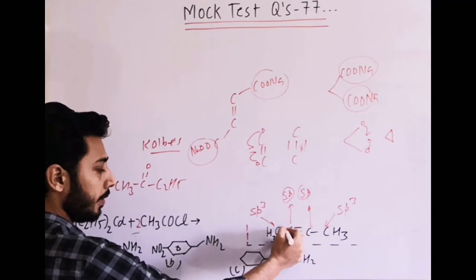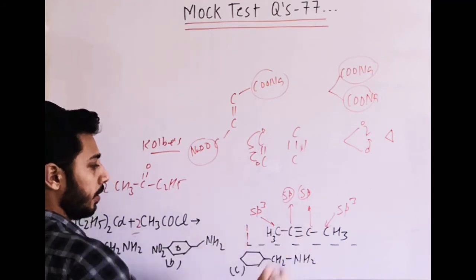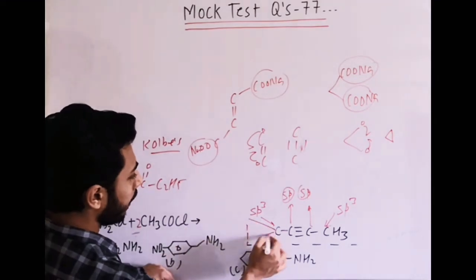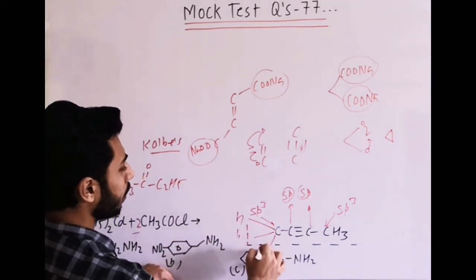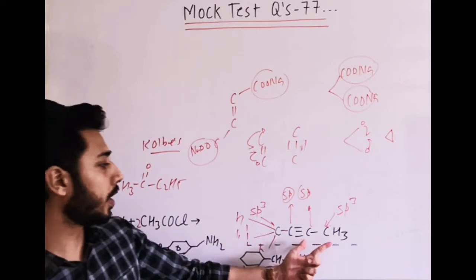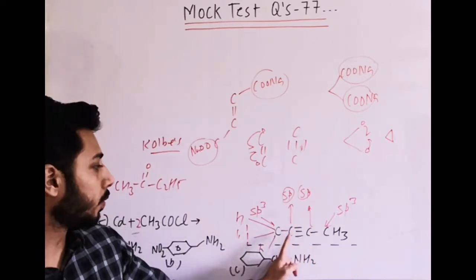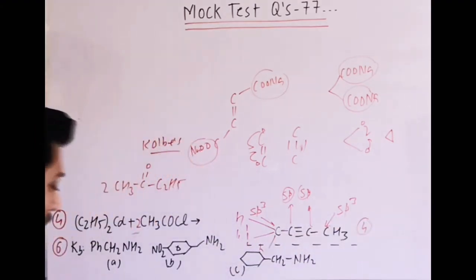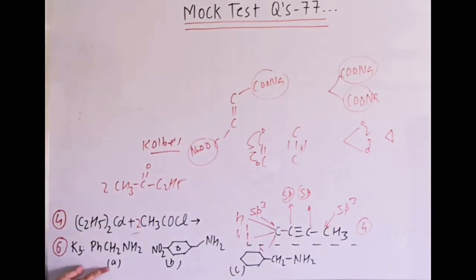Why? Because this sp carbon forms a 180 degree bond angle. The remaining hydrogens of this carbon are at 109 degrees. But the question is the maximum number of carbon atoms that can be linearly arranged: this one, this one, this one, and the same for this one. The answer will be 4.